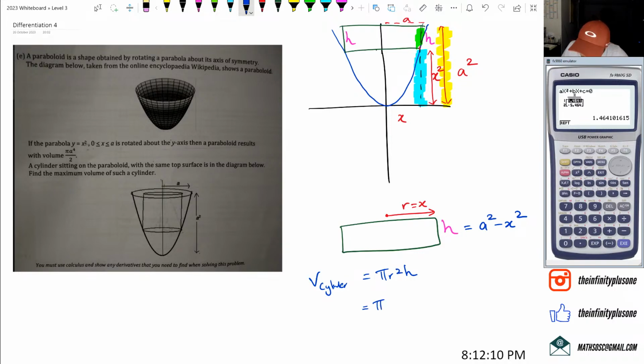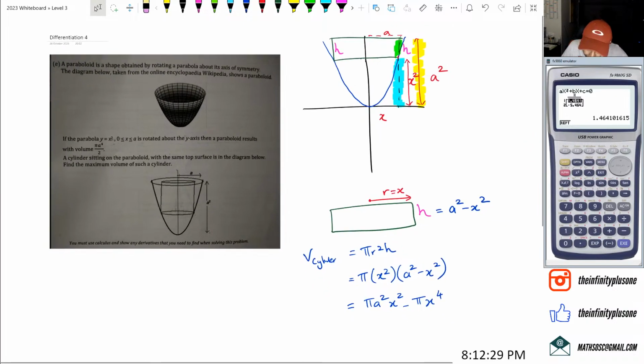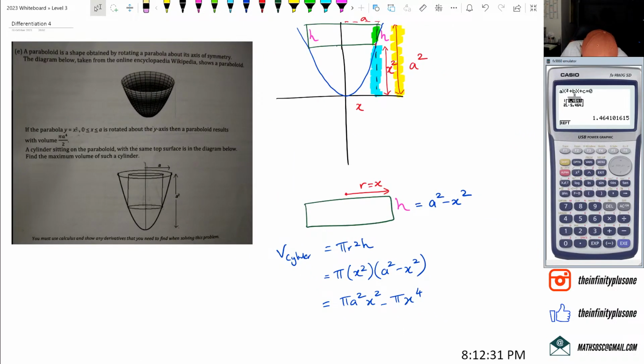We know r is x, so that's x squared, and h is a squared minus x squared. Expanding, we get pi a squared x squared minus pi x to the power of 4. So this basically shows the equation for the volume of a cylinder.